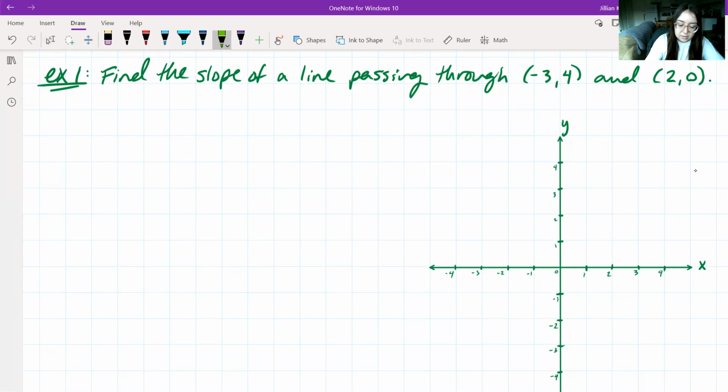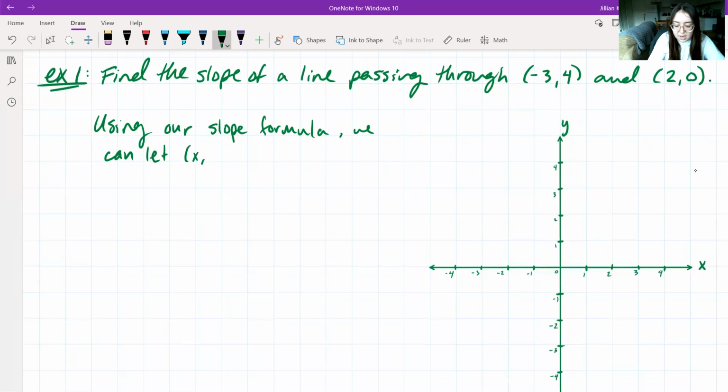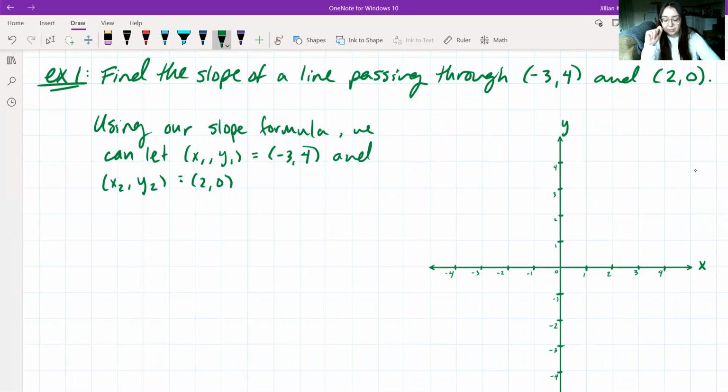So using our slope formula, we can let x sub 1 comma y sub 1 be equal to -3 comma 4, and x sub 2 comma y sub 2 equal to 2 comma 0.